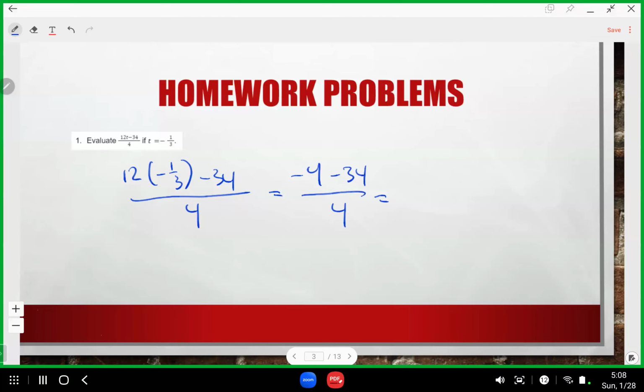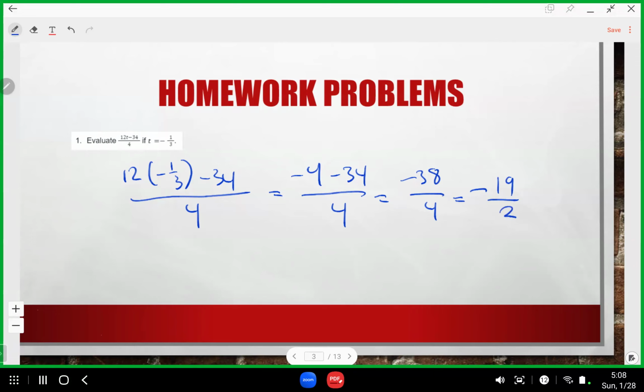What is -4 minus 34? Just tell me what is -4 minus 34 first. -38, right? So that's over 4, and then we can simplify. So we get negative, what is this? 19 over 2.